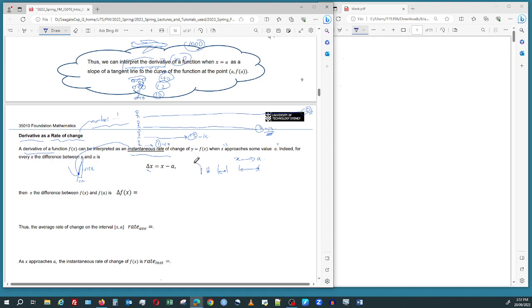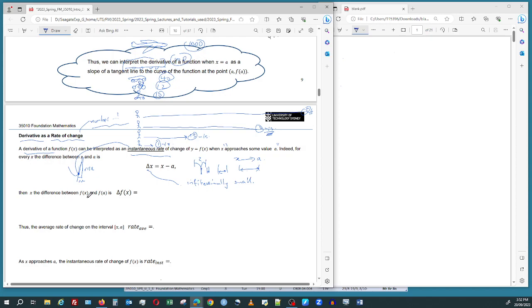Okay, but it is a distance. What's the distance? It's infinitesimally small is the phrase that we would use. Infinitesimally small as X approaches A. That's what we want that delta X to be.